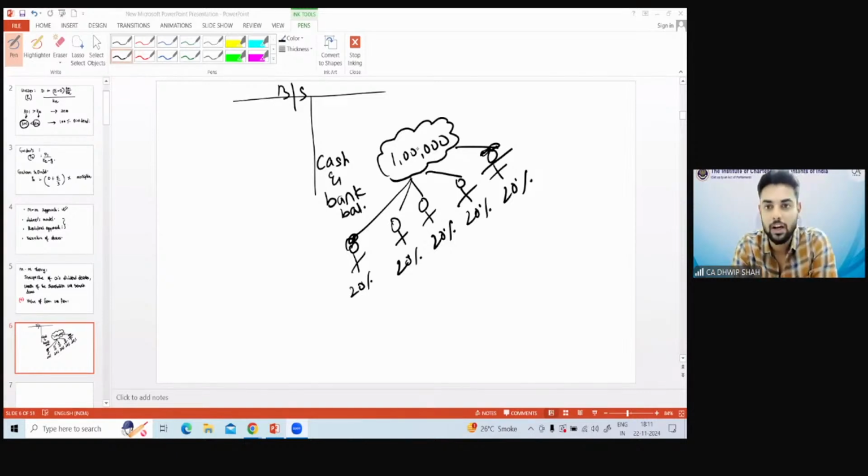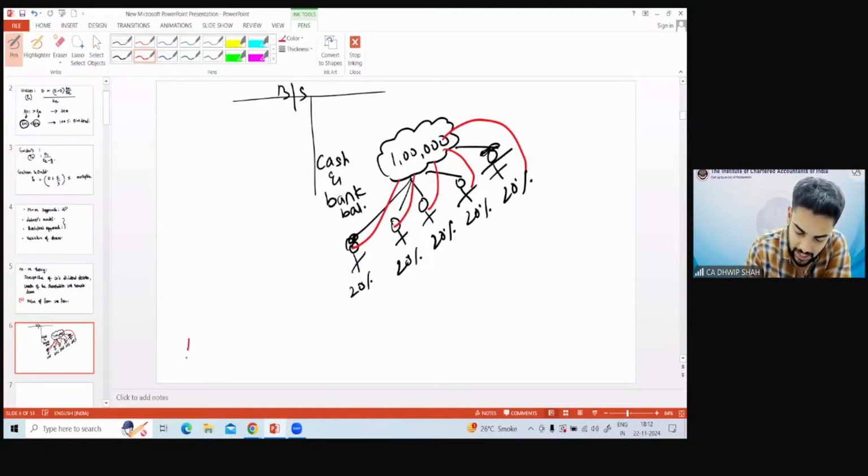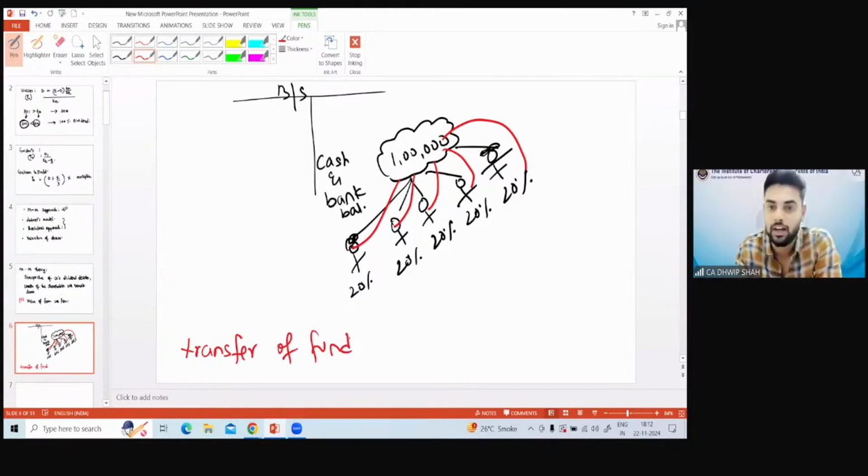Now, if the company pays dividend to the shareholders, can I say the company would be paying from this bank balance only? And it will go to the bank accounts of these individual shareholders? Yes or no? So in other words, dividend is just a transfer of funds from one pocket to another, from one bank account to another bank account.